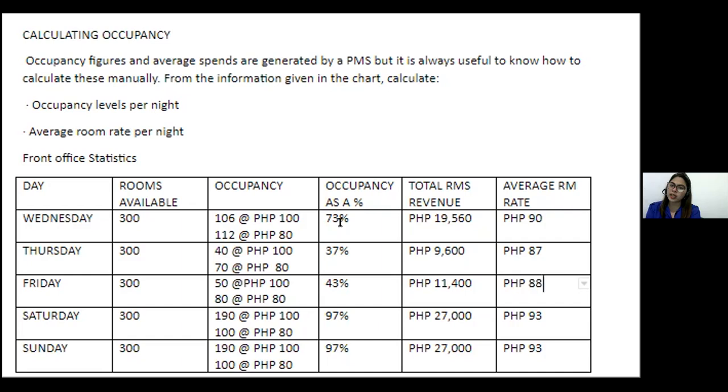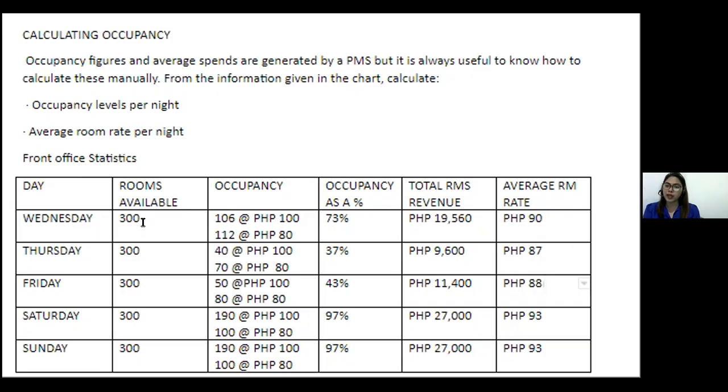So how can we get the occupancy percentage? For us to get the occupancy percentage, all we have to do is add the occupied rooms for that day. So we have occupied rooms 106 plus 112, which gives you 218 occupied rooms. Out of 300 rooms available, the occupied rooms for that day is 218.